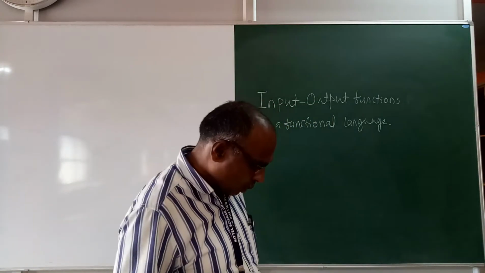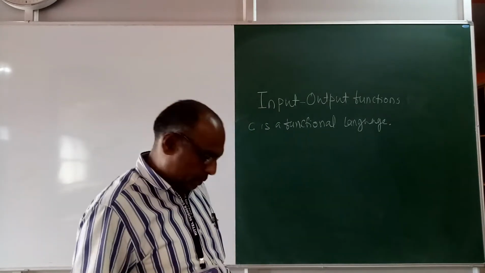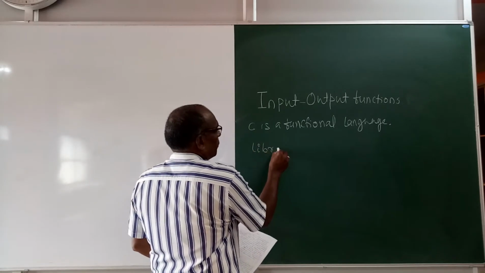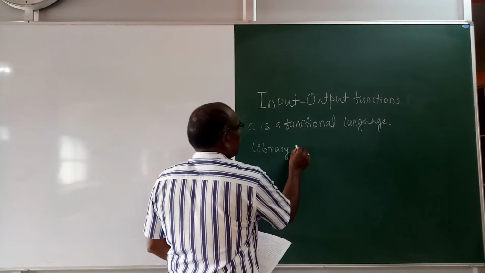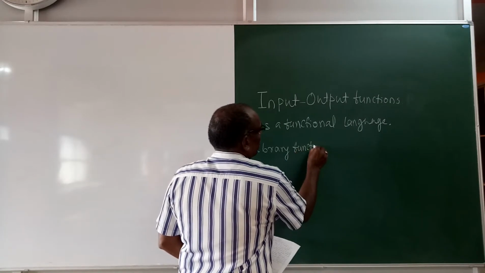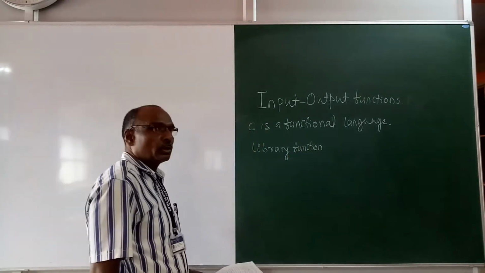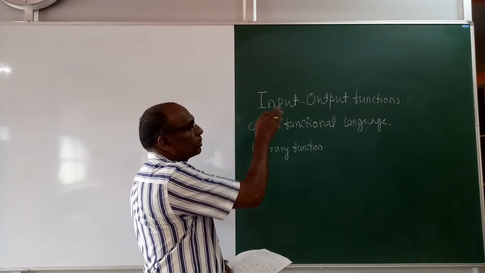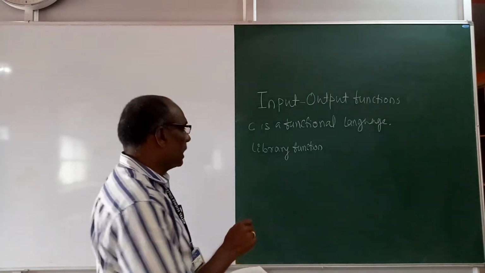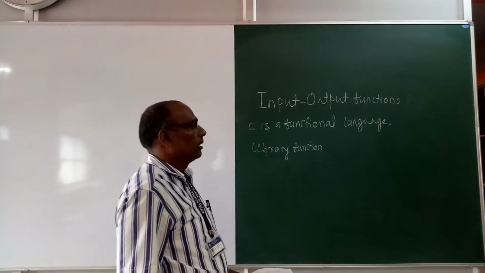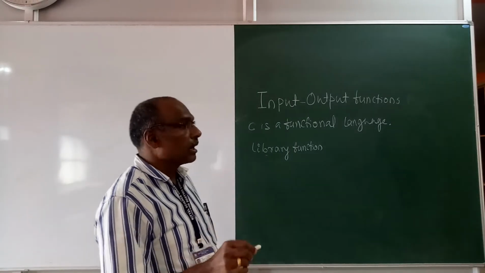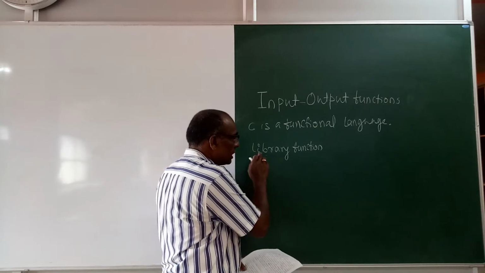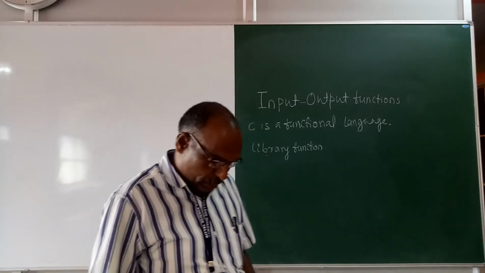To perform the input-output operation, C provides what is called a library. C provides library functions. There are no input-output built-in functions to perform the input-output operation, but the input-output operations are operated through C language library functions.